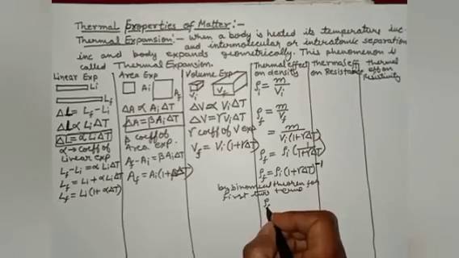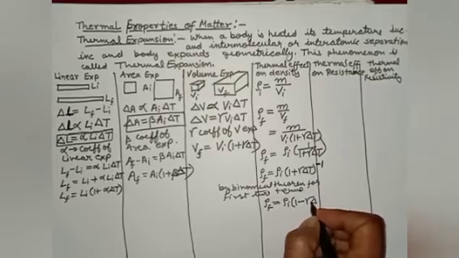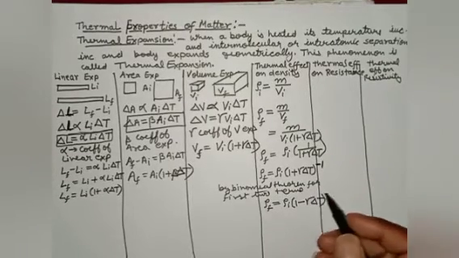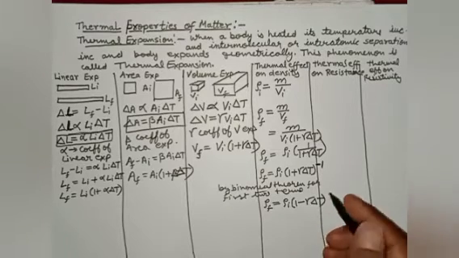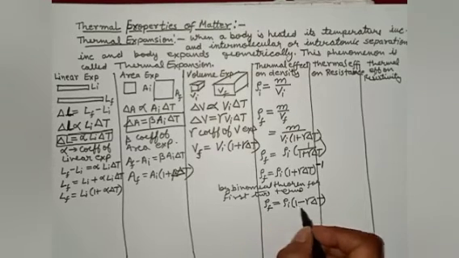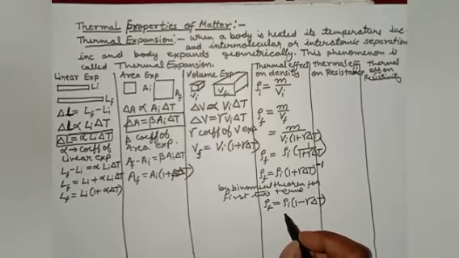So rho F is equal to rho I (1 minus gamma delta T). This is how we expand by the binomial theorem, and we have just avoided higher order terms. So from here it is clear that volume increases, so density decreases by this law.